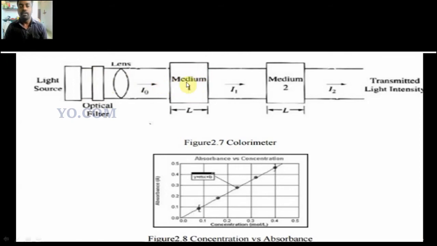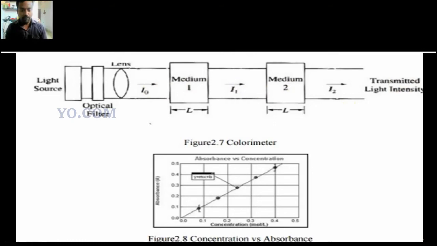Here we have the liquid, and it is again passed to medium 2. So I0 is the intensity before medium 1. After medium 1 the intensity is I1, then after that the intensity is I2. The transmitted light intensity is measured in the last stage.